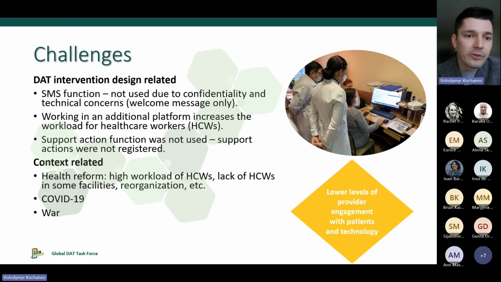And then COVID-19 started, and then the war. I will not talk a lot about COVID-19 because I think that the challenges related to this pandemic are similar to all the countries which faced it. But regarding the war, I have a separate slide later.